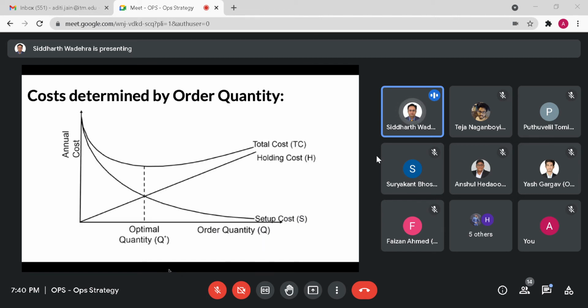Little scary looking graph, but it's actually very simple. If you take these two costs and look at the trade-off between them, that's what's being represented on the picture here.